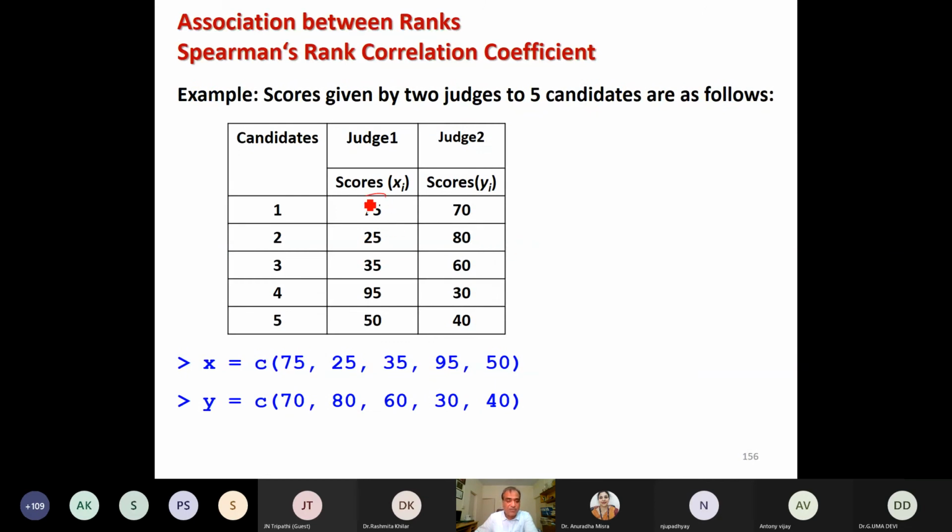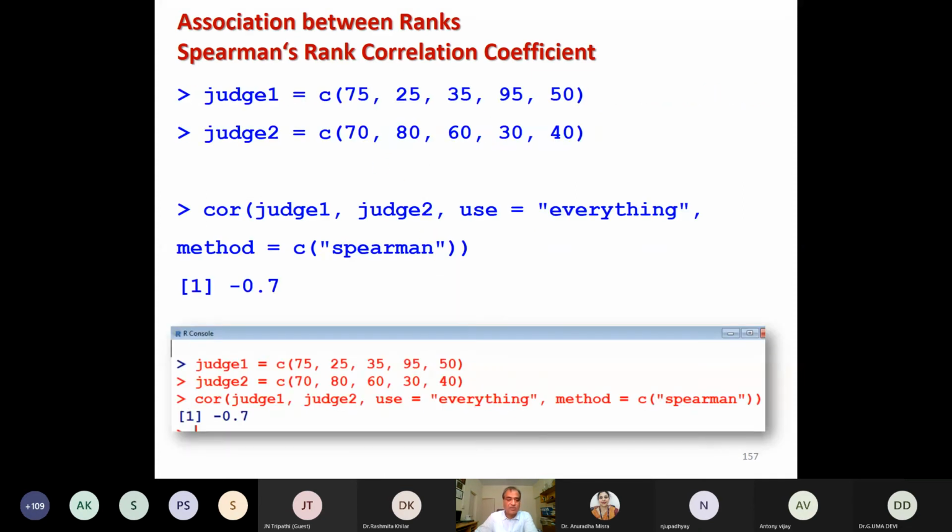For example, if I take the same data set and store it in the variable X and the same data set on Y, so basically your X is judge 1 and Y is judge 2. And if I find the correlation between judge 1 and judge 2 and use method equal to "spearman", I get minus 0.7.